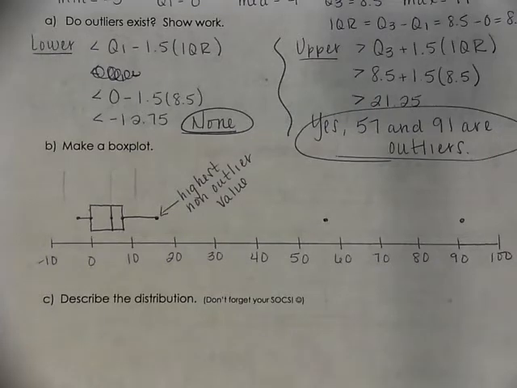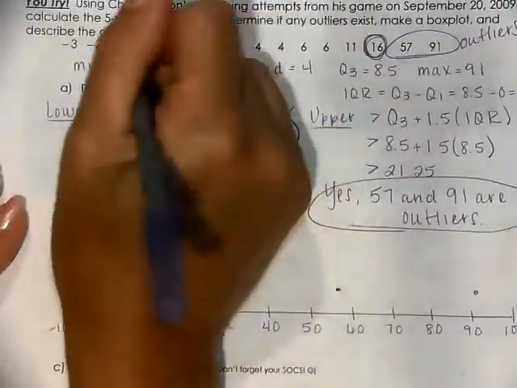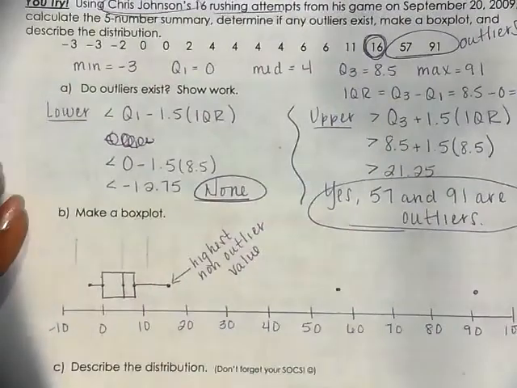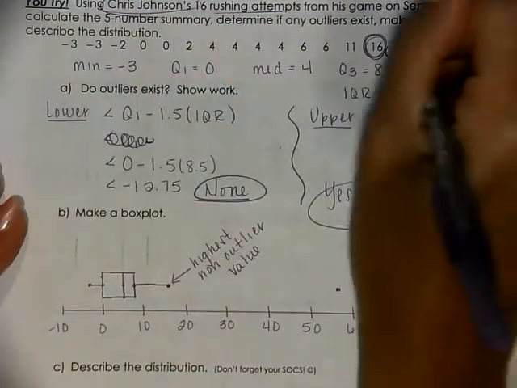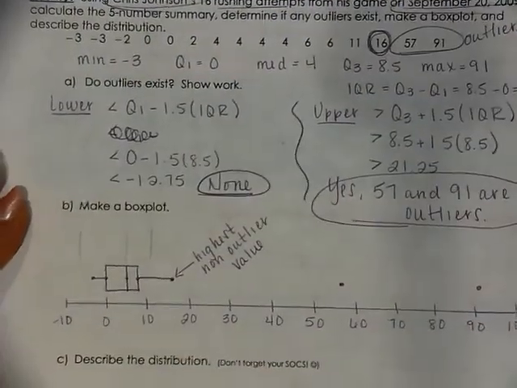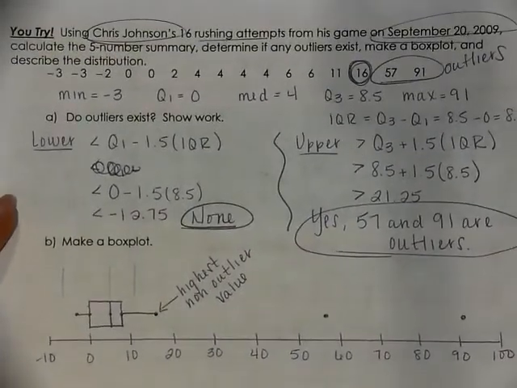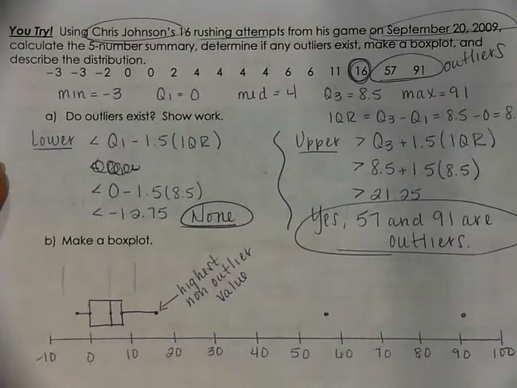Okay, the last thing we need is a title. I'll just put it right down here. This was Chris Johnson rushing attempts on September 20th, 2009. I know some of you know that rushing attempts are measured in yards.